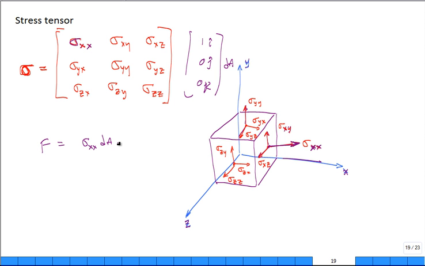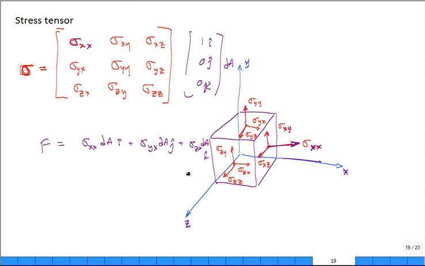That would be in the I. And then you'd have sigma yx dA in the J. And you'd have sigma zx dA. I ran out of room in the K. Sorry about that. But you see what I did? That's how you would use this tensor.